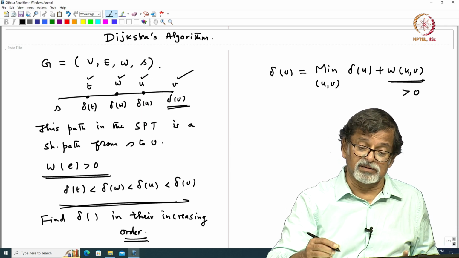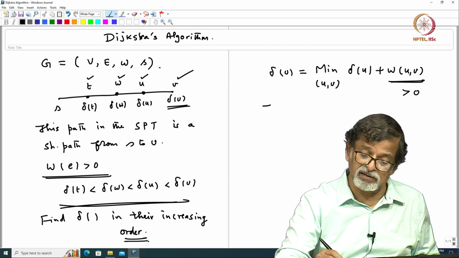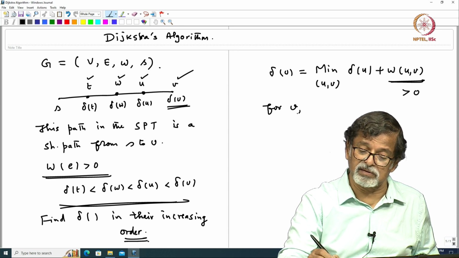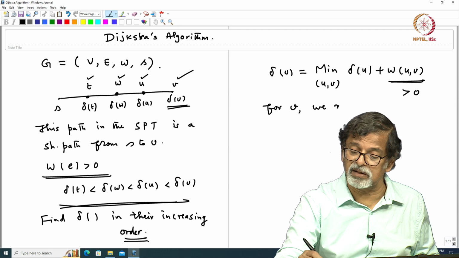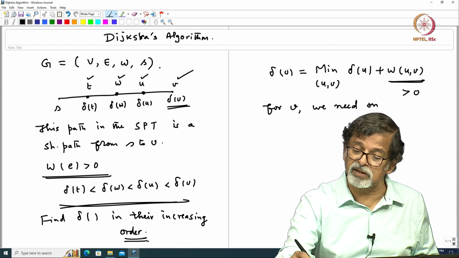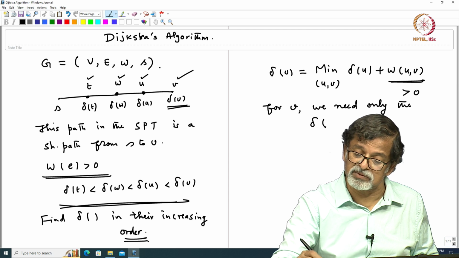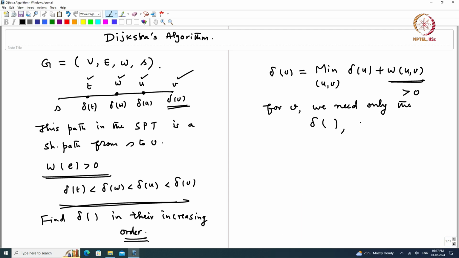Hence, for V, we need only the delta values of u, or delta u, where delta u is less than delta v. Okay.